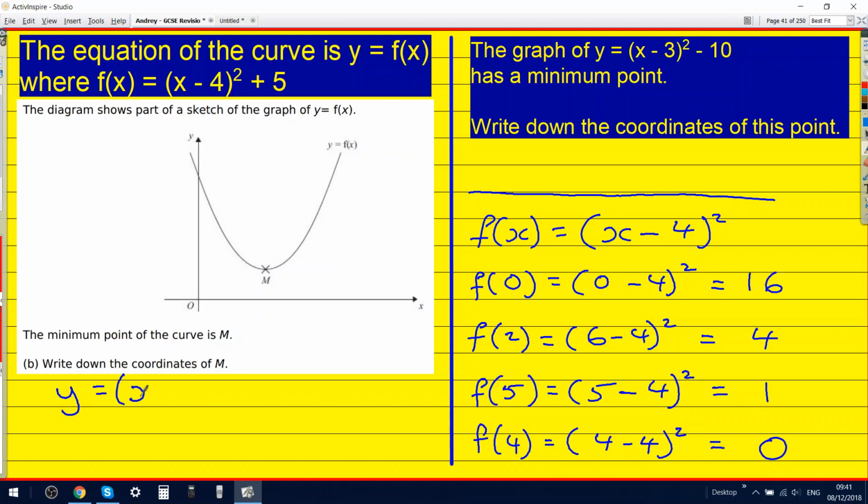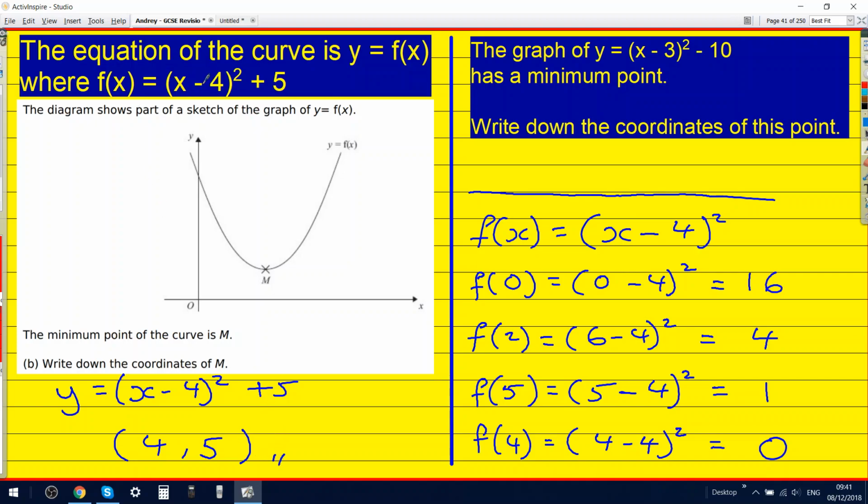Well, the smallest of the squared part is 0. What does x have to be for that to be 0? It needs to be 4. And so when x is 4, what is y? Is this why I do y plus 5? Yeah. So is y just 5? Yeah, 0 plus 5 is just 5.